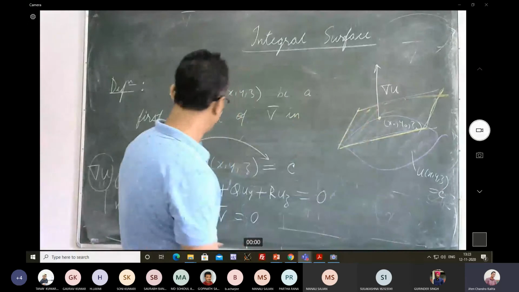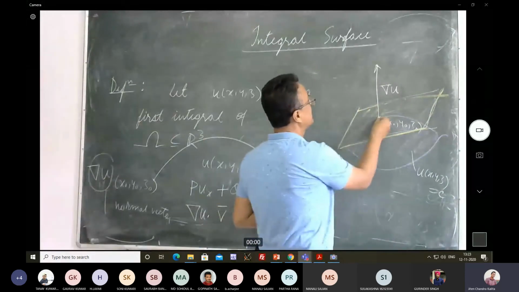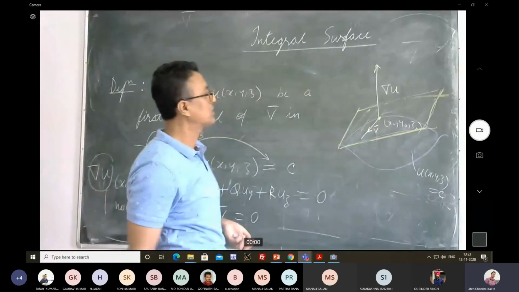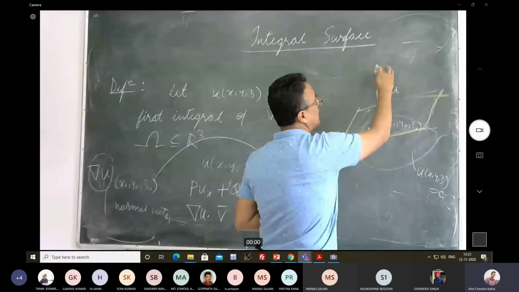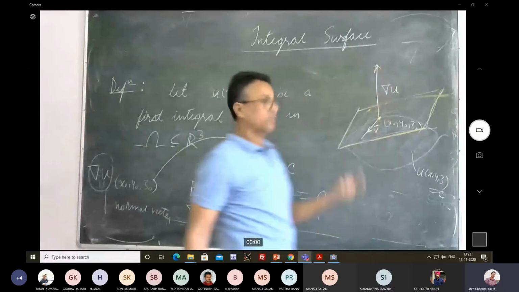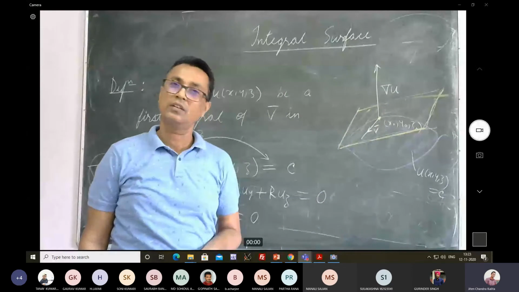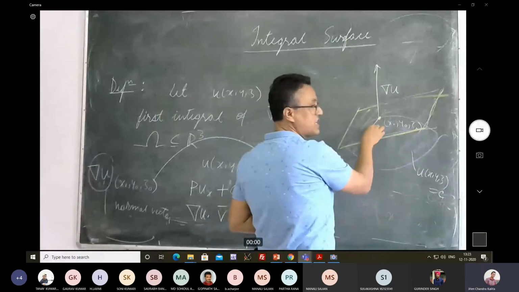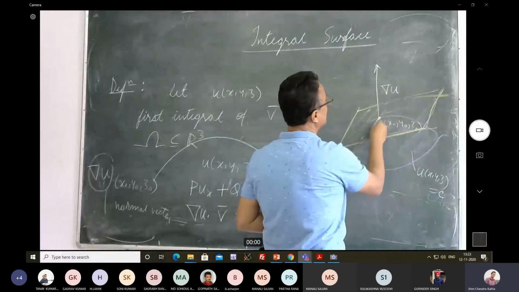Then from this definition, this vector v and this normal are perpendicular to each other, right? They're orthogonal. So that means obviously that v must lie on this tangent plane, isn't it?